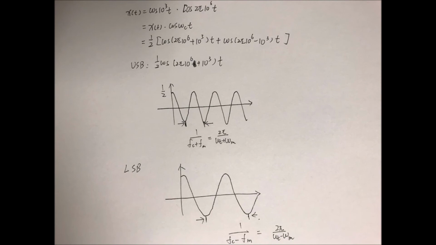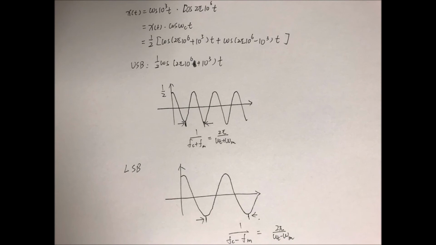So here it will be 2 pi over omega c plus omega m. Omega c we know is 10 to the 6, times 2 pi, and omega m is 10 to the 3. This is my upper sideband.